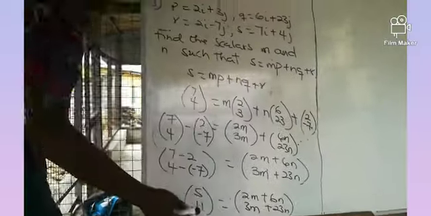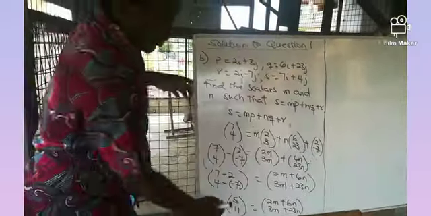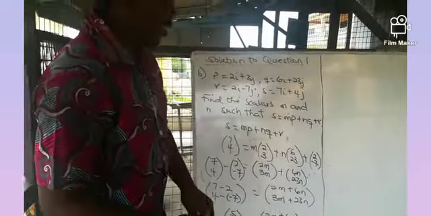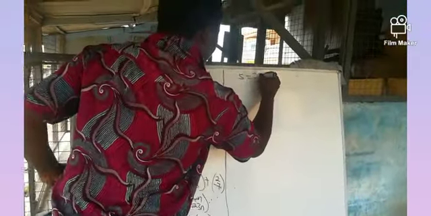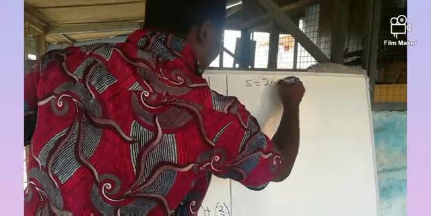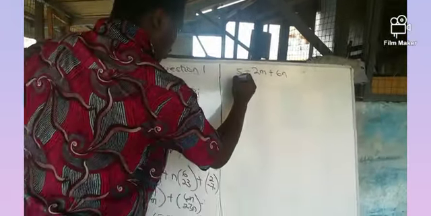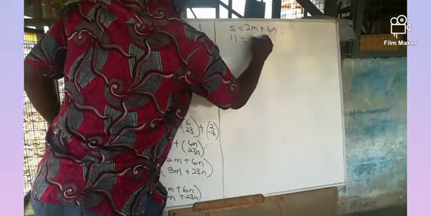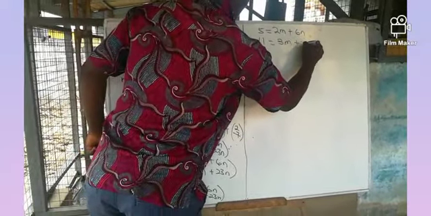Now since you have equality of a vector, you can equate the x component and the y component. So you can say that 5 is equal to 2m plus 6n, and also 11 is equal to 3m plus 23n.